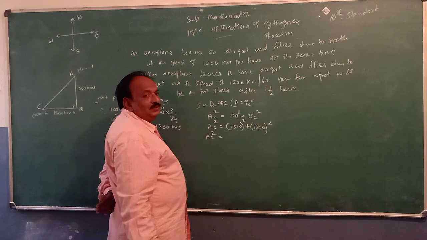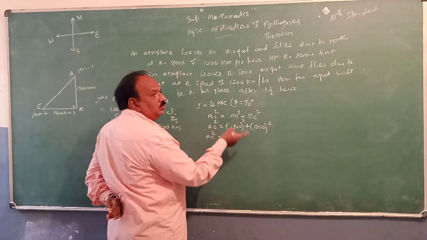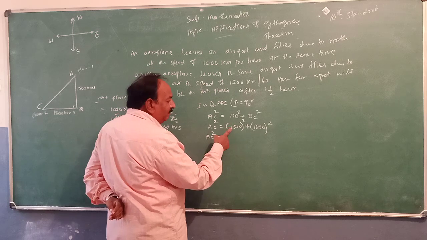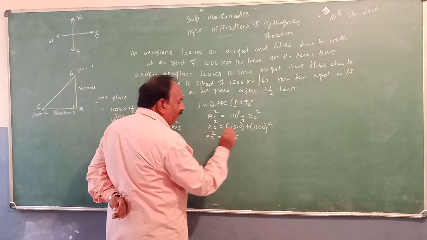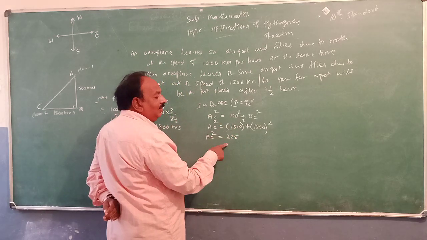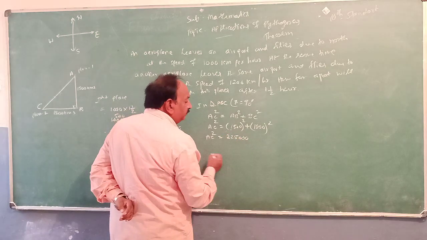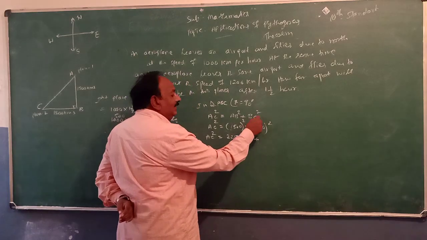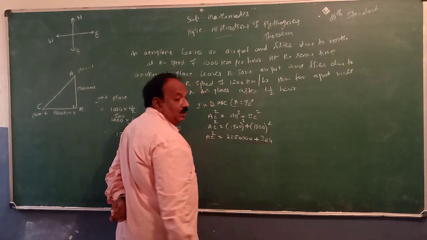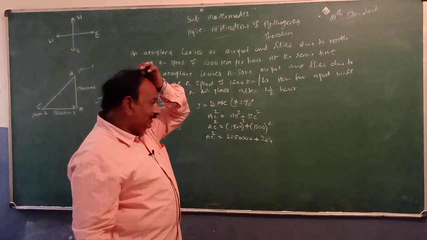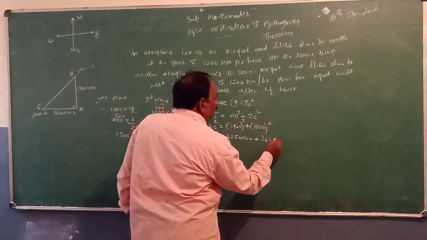AC squared is equal to 1500 into 1500. Simply, 15 15s are 225. Double zero makes it into square 40. Plus 18 18s are 324. Multiply 18 into 18, 324. Double zero 40.